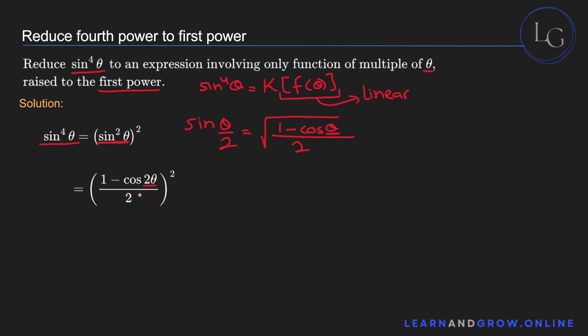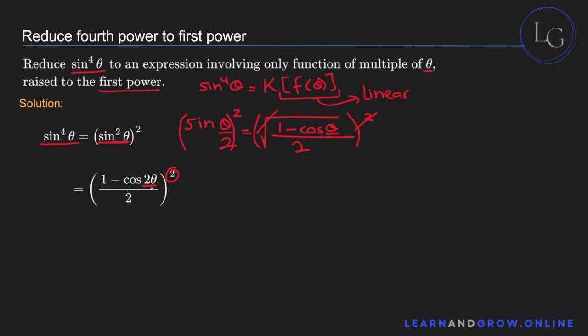Okay, and obviously since it's sine square theta, that means this entire term must be square, so you can cancel out the square term. And so that's why you have 1 minus cos 2 theta over 2 instead of under root 1 minus cos 2 theta over 2.